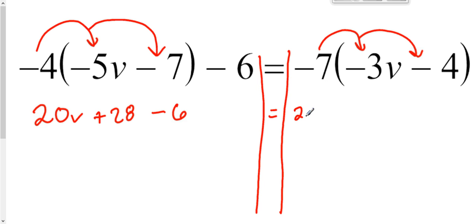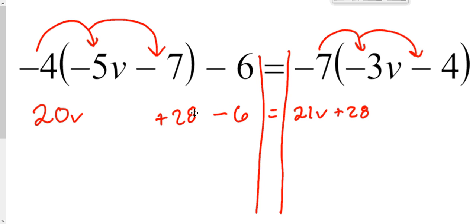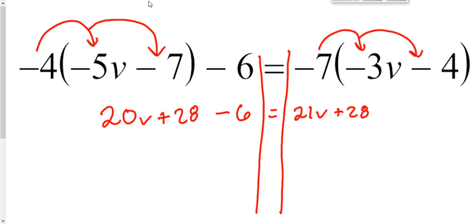On this side we have 21v. Positive 28. Combine our like terms over here on the left, we get 20v plus 22. It gives us 21v plus 28.